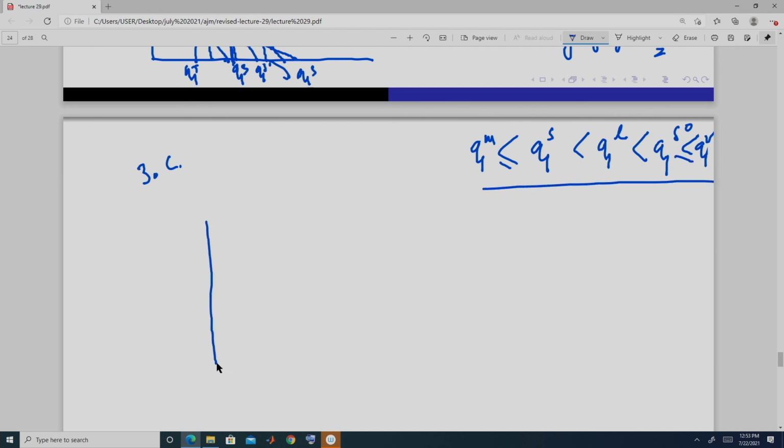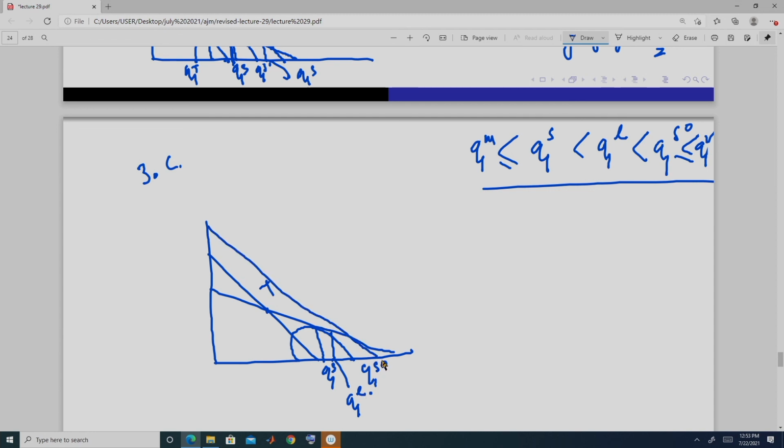So, suppose this is Q1S, this is Q1S dot, and limit output is somewhere in between. Okay, and this is suppose V.